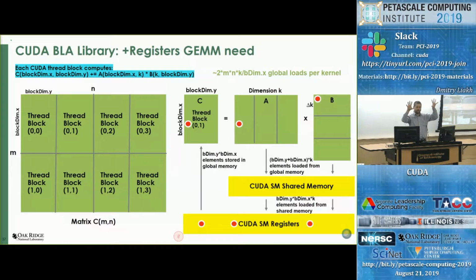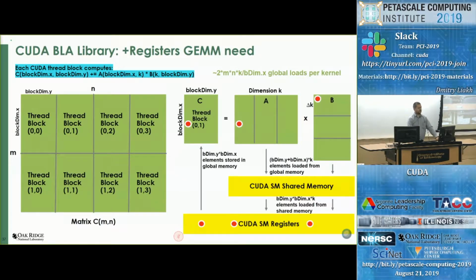We started from global memory going directly to compute. Now we introduced shared memory, so we go from global memory to shared memory, and then do compute. Now we can introduce another level of memory hierarchy: global memory to shared memory to registers, and then do compute. Compute is always done from registers, but we can now play with the registers to see if we can minimize the number of accesses to shared memory. This is very similar to what we did before, but now we are minimizing the number of accesses to shared memory.